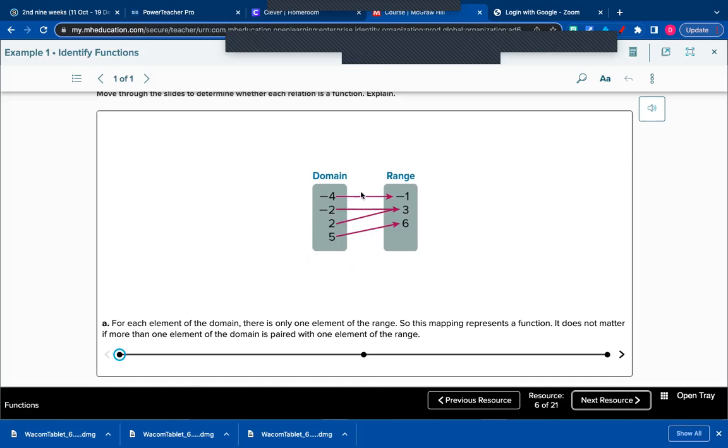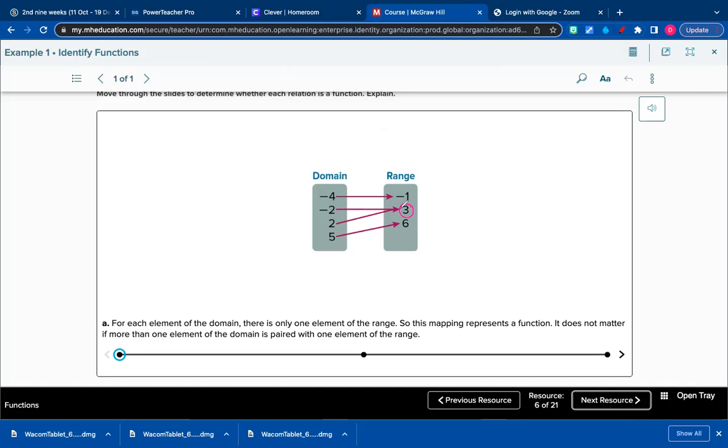It is. Now, remember, just because we have one element in our range where two different things are mapped to it, that's okay. We're focusing on the domain side. -4 only goes to one other number. -2 goes to one number. +2 goes to one number. And 5 goes to one number, right?